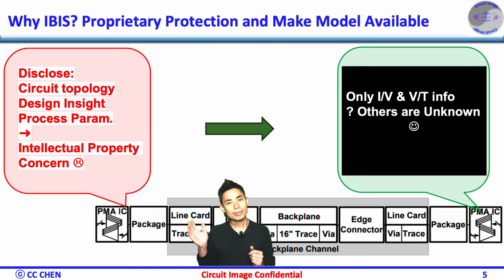Then, the third concern is even worse than the previous two reasons, since the I/O model is not available for any system design or verification, which hurts cooperation in the ecosystem. So, the IBIS model indeed helps protect the IC vendor's proprietary information and makes the I/O model available to vendors or customers in the system design.